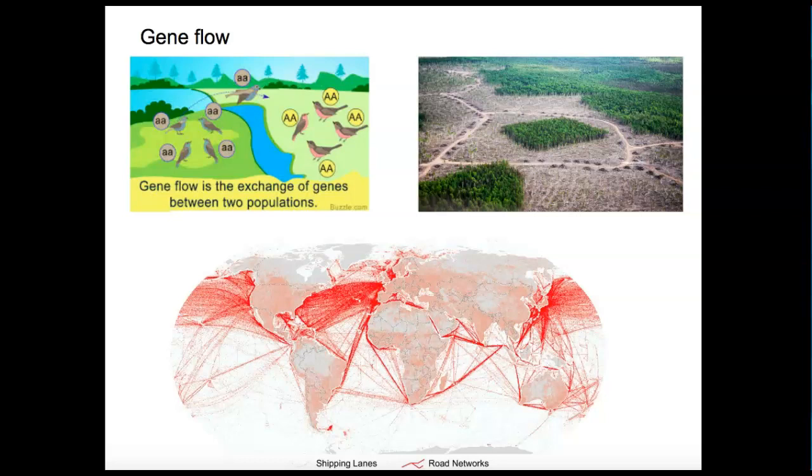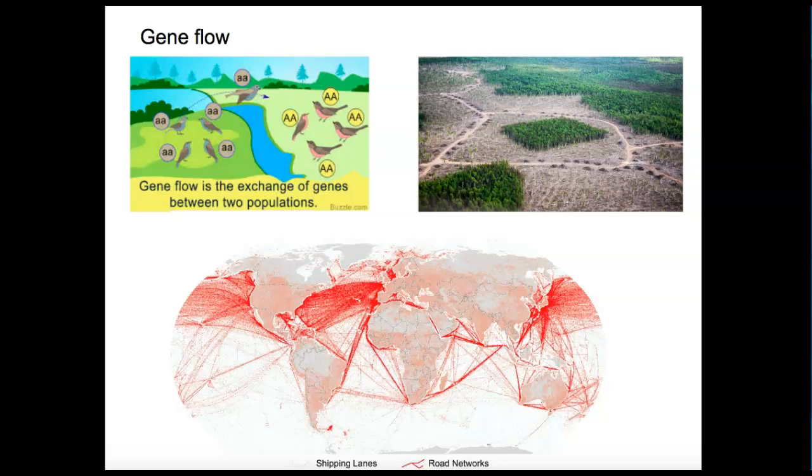So it could be an exchange of genes between two populations of the same species of birds that live on either side of a stream, where they have distinct allele frequencies in their gene pools. And then if one individual happens to make it over and successfully mate with individuals on the other side of the stream, you're going to start having a mixing of their genes.